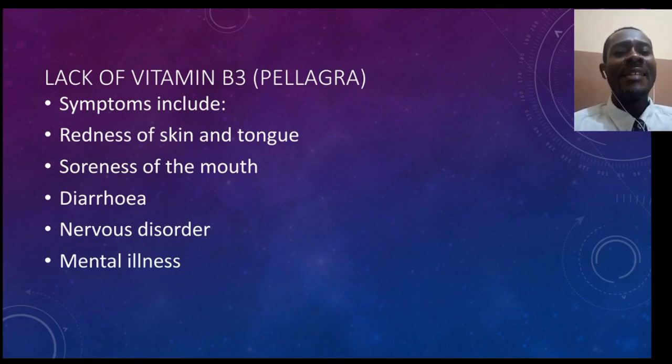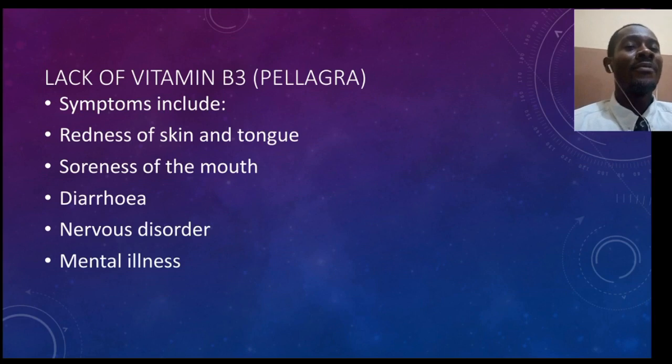Diarrhea. What is diarrhea? Frequent stooling. The person will be going to the toilet almost frequently with watery stooling. And there will be fatigue associated with this diarrhea as a result of lack of vitamin B3.